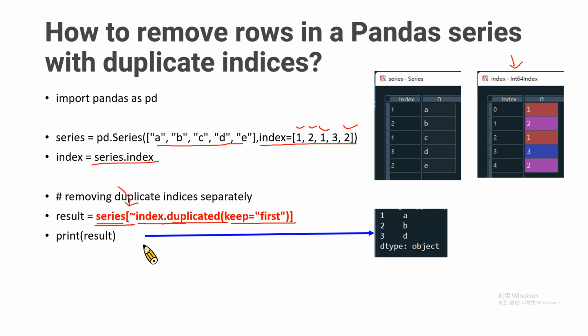So you see here, we are trying to find the duplicate index, and we just keep the first one, because it is the first.